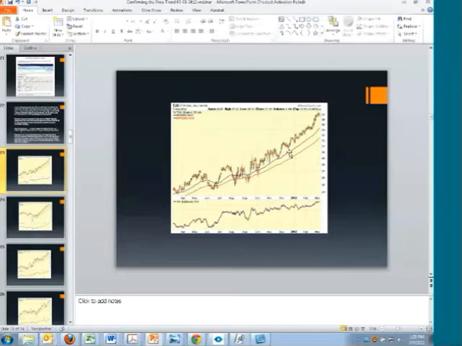We see the 50, 100-day EMA systems on a buy signal with the 50-day EMA, this blue line, above the 100-day EMA, the red line. We see it's confirmed by an upsloping on balance volume line, and you can see TJX is making a series of new 52-week highs.